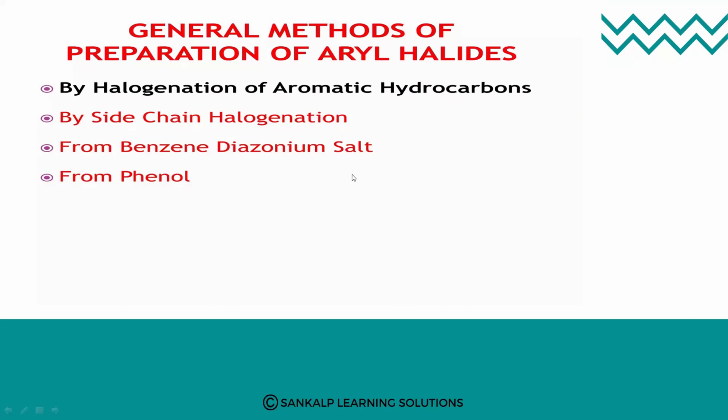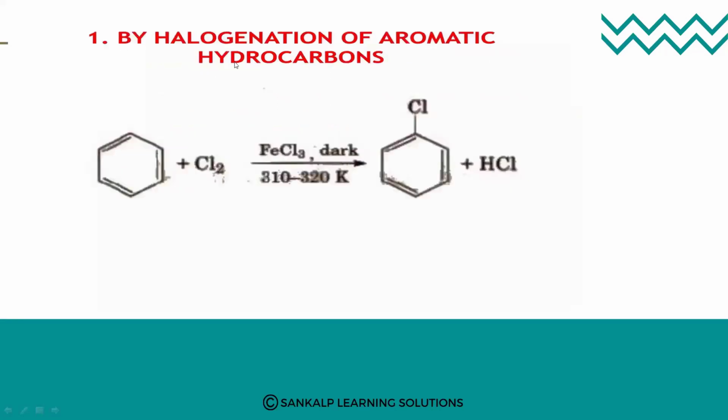So these are the main methods of preparation of haloarenes. Haloarenes means ArX. Your halogen atom is associated with an aromatic ring. So this is the first one, by halogenation of aromatic hydrocarbon.